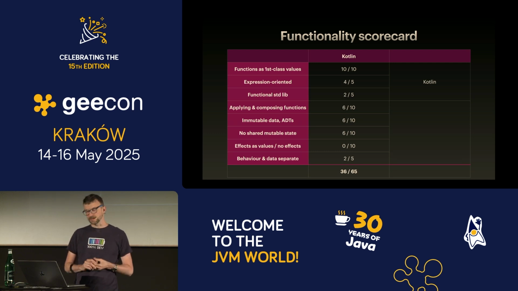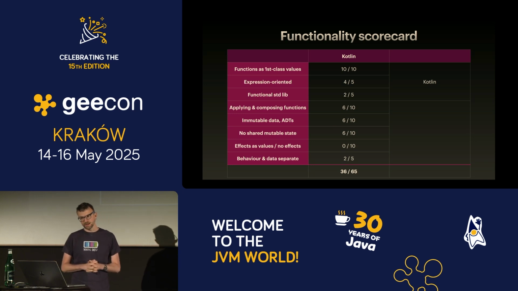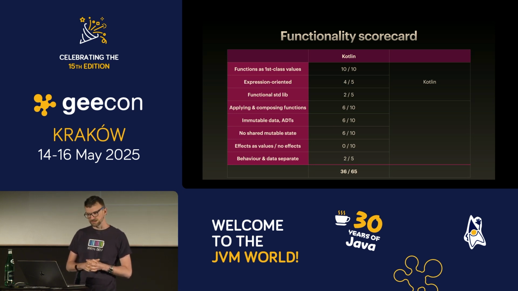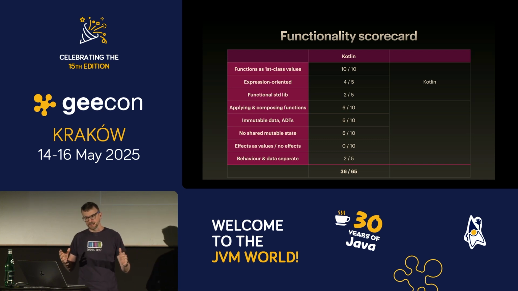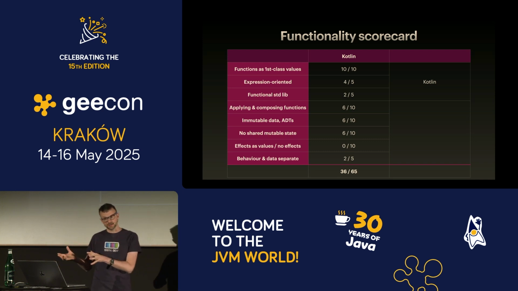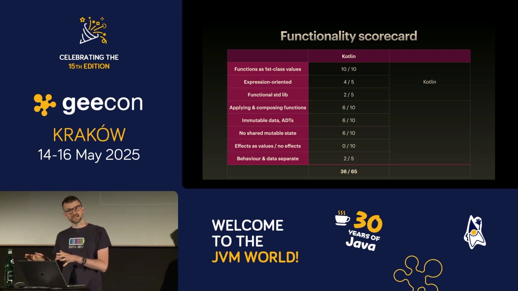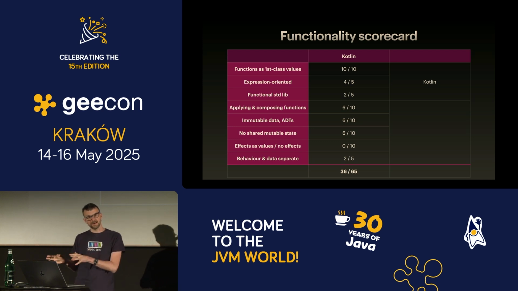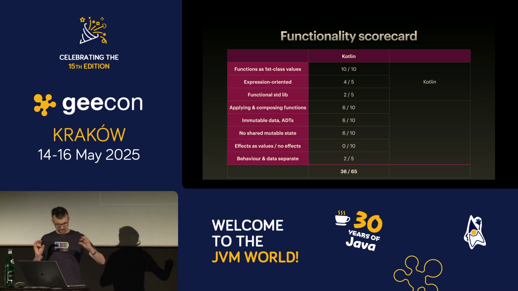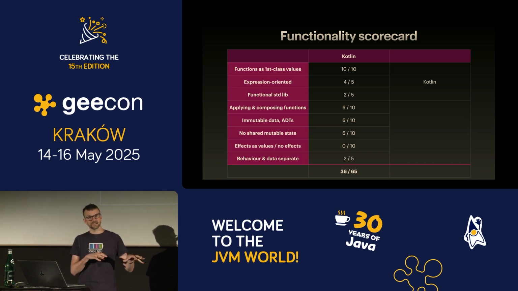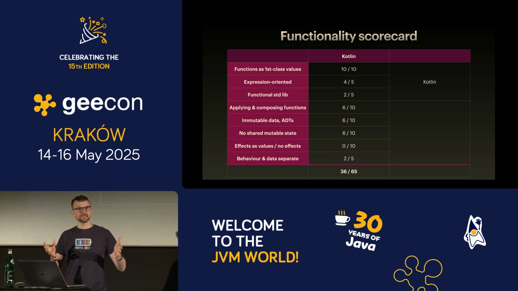So let's now look at Kotlin. Well, in Kotlin, you have very lightweight syntax for representing functions as values. The language itself is much more expression-oriented. The standard library is somewhat functional, so we get some more points here. Immutable data structures are more pervasive, but still Kotlin focuses on compatibility with Java. It is kind of like a better Java, right?